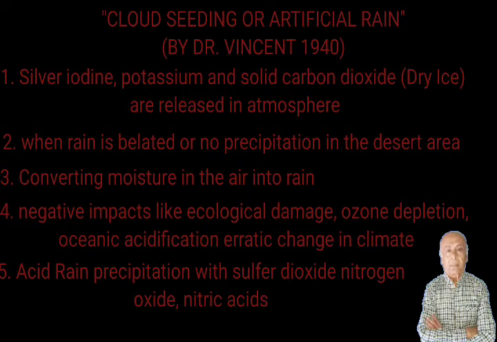Then those clouds containing sulfur dioxide and nitrogen oxide and all that, what will happen is that we are not going to get absolutely uncontaminated, purified rain. But that rain will be known as acid rain.